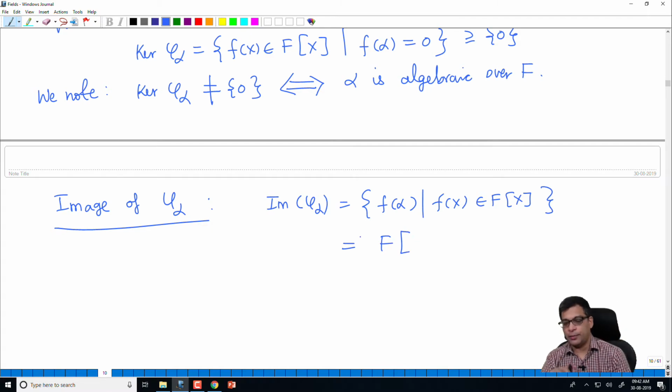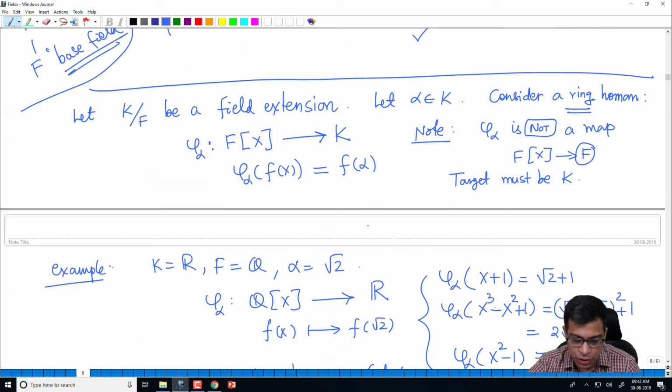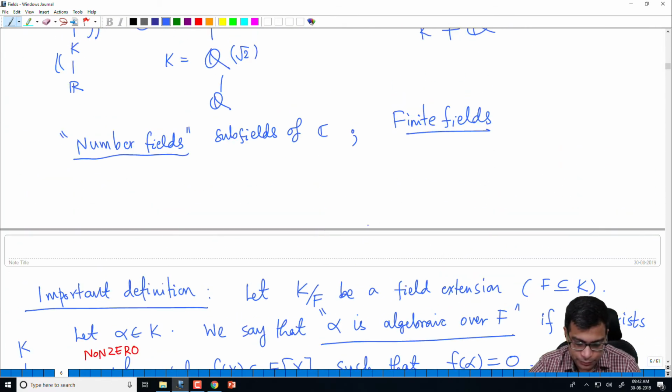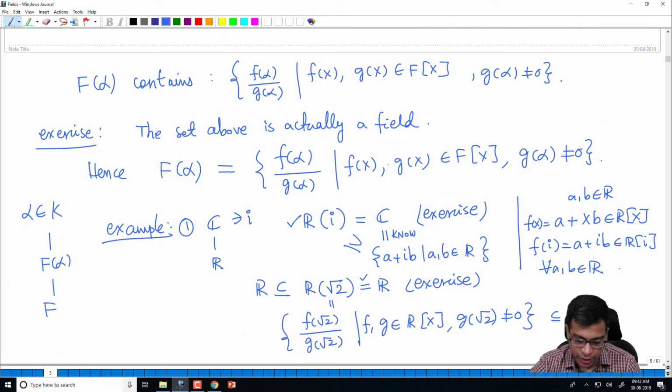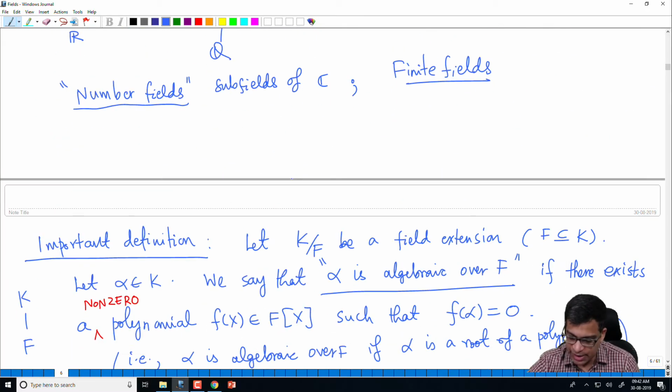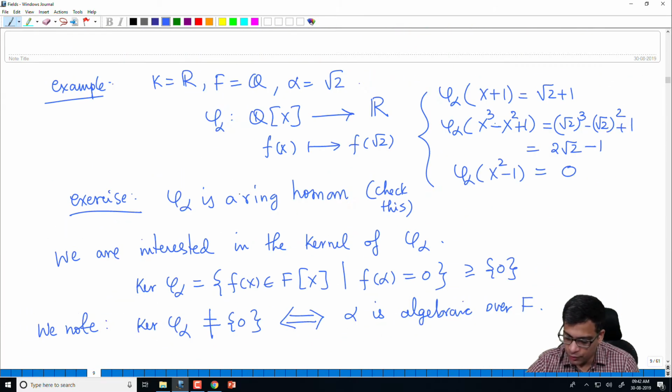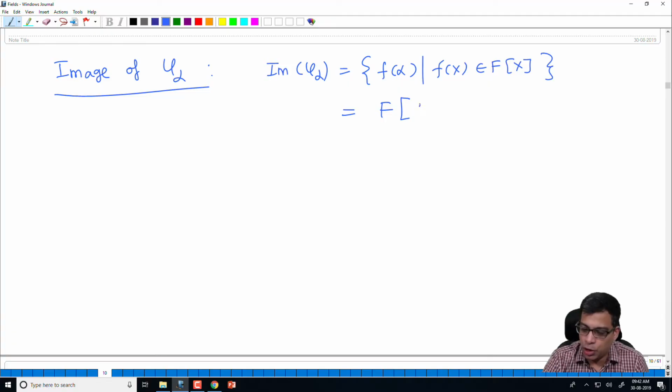Remember, this looks very much like the field F round bracket alpha that we defined earlier. F round bracket alpha is this ratio. Now what we have is only the numerator, the denominator is not allowed. So this is actually very similar to just polynomials in alpha. So we are going to denote this by F square bracket alpha.